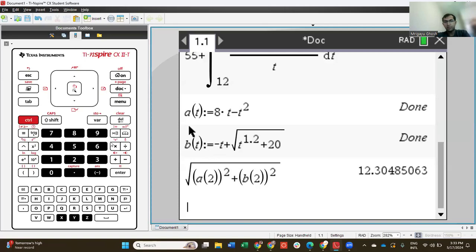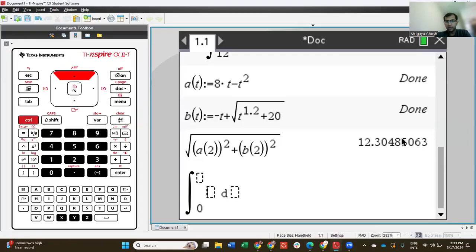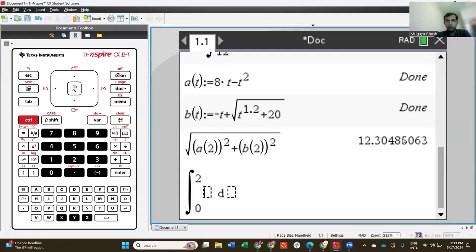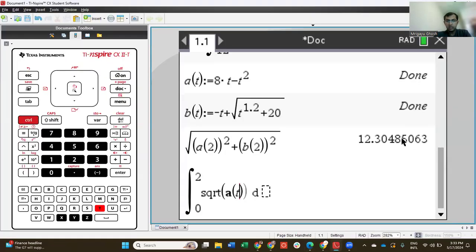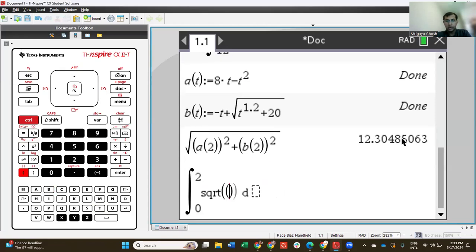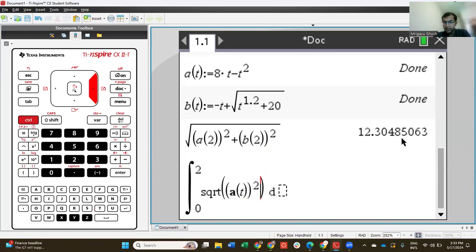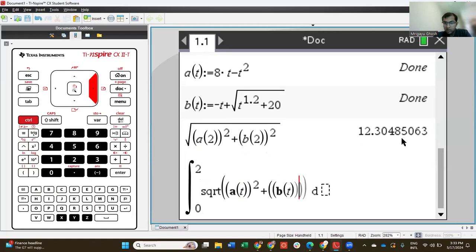And you see the nice thing is once you define these functions, you don't have to retype them every single time. I'm going to take the integral from 0 to 2 of the square root of a of t squared plus b, again, one thing, that's the other thing I should do. I should put in those parentheses just because, again, I don't want to risk it, plus b of t.